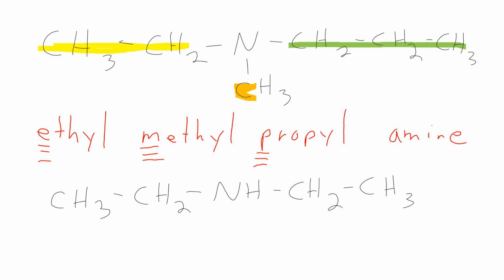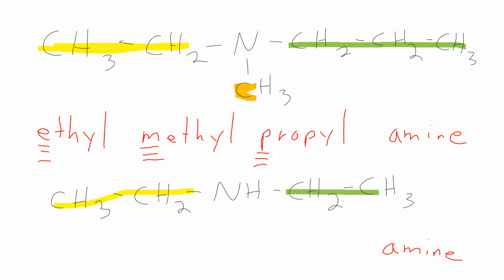If we look at the bottom structure, again, we're dealing with an amine. So I'm going to get that amine ending. And now we're going to look at what's happening with the carbon chains coming off that nitrogen. Well, on the left-hand side, I have a 2-carbon chain. That would be ethyl.